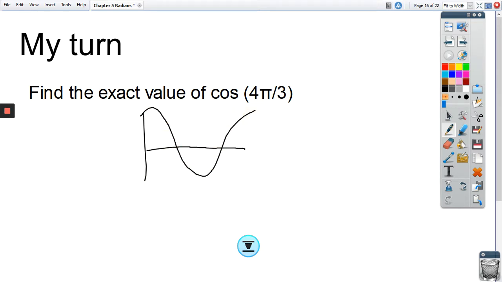Well, here's pi here, where the symmetry is. So there's pi. 4 pi over 3 is just going to be a little bit past there. So there's 4 pi over 3.